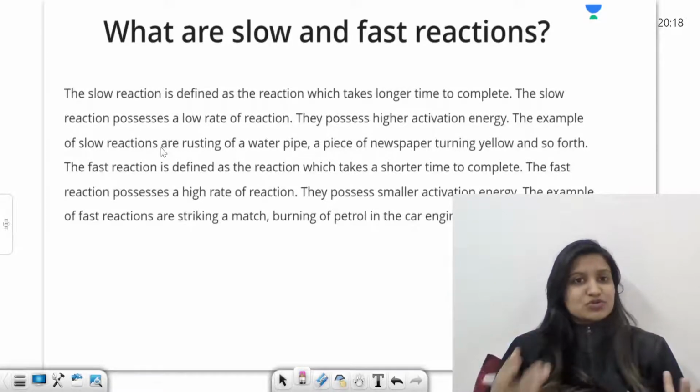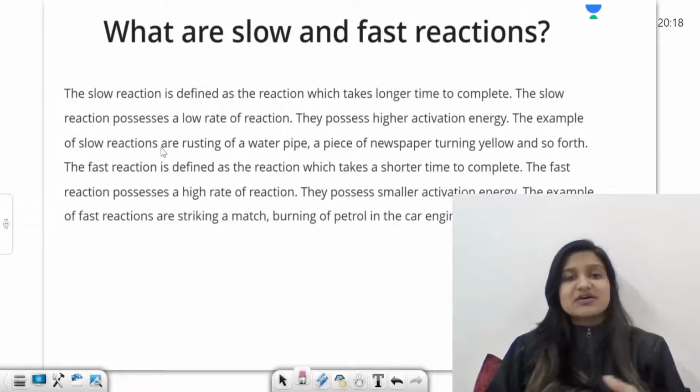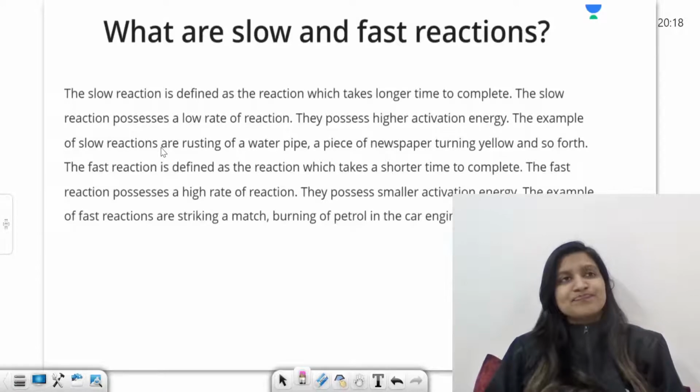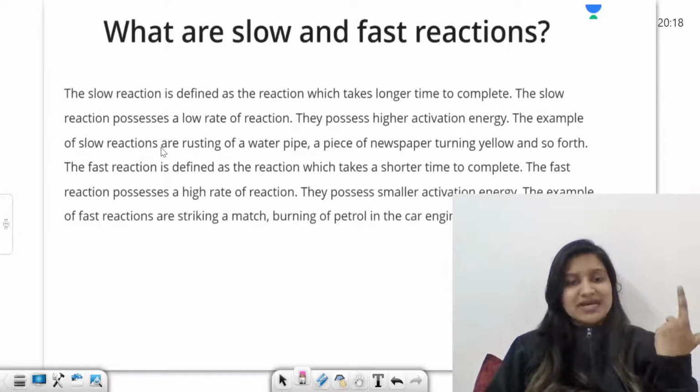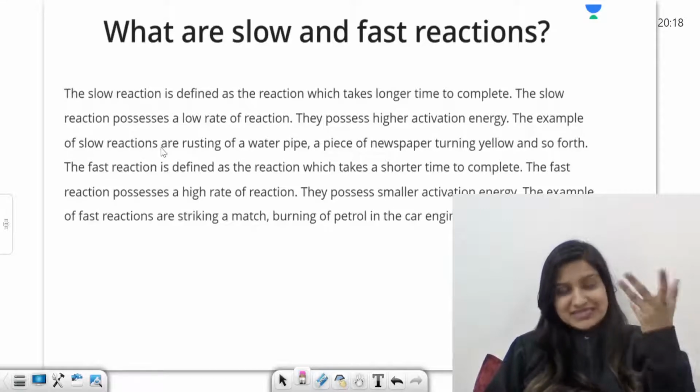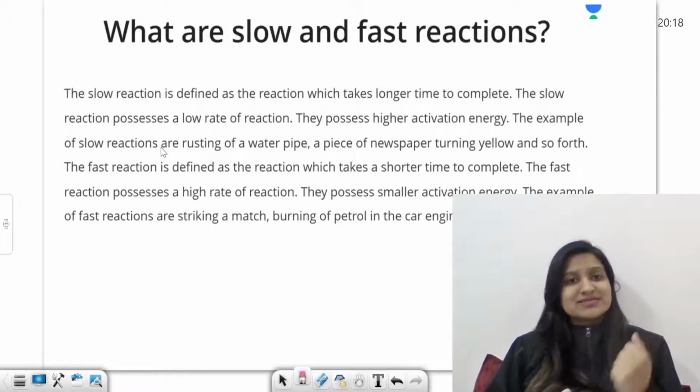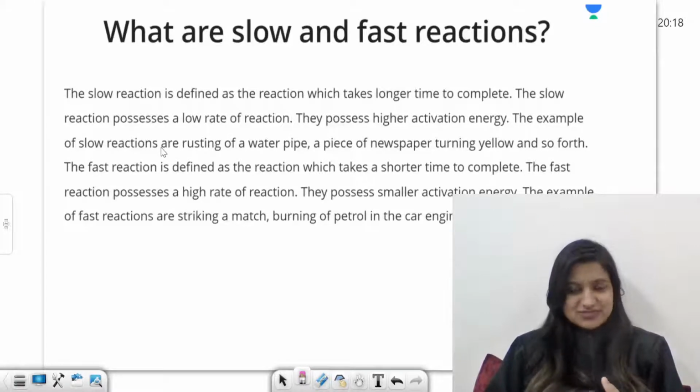Like I told you as well, rusting is a very slow process, right? It doesn't happen in the way that you took iron, put it in moist air, and within a day or two, or even instantly, the iron is rusted. No, it doesn't happen. It takes years. It is a very slow process.